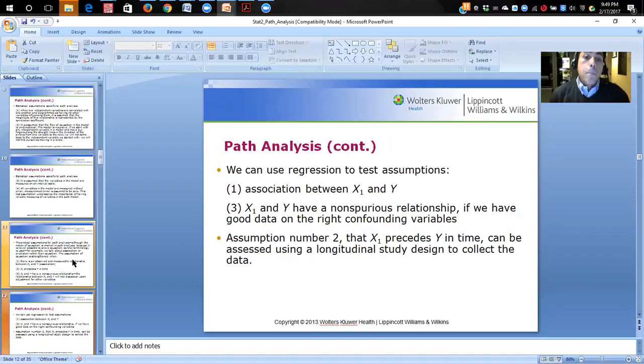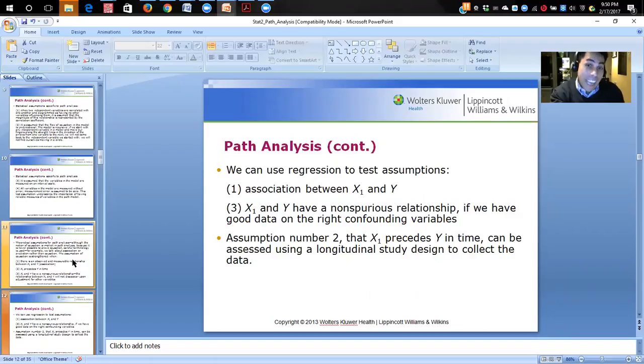But that is the assumption of path analysis, that you have already theorized, you have already drawn the path of the relationship of the variables, and that you have already examined the existing science, that there are no other variables that you missed in the calculation of what leads to the dependent variable.